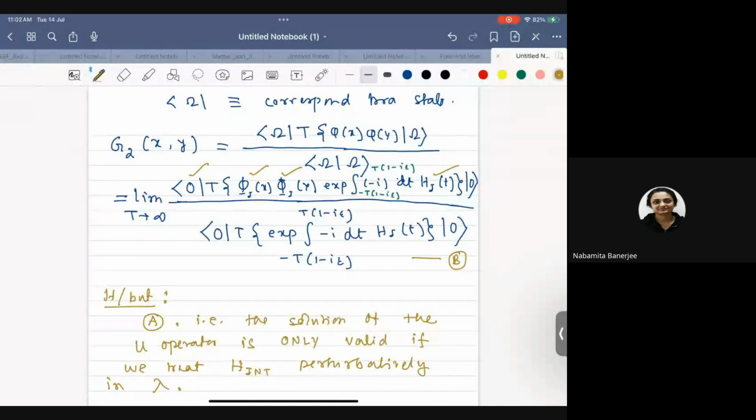But not true for everything. There are some interactions that cannot be treated perturbatively. For example, black holes. In gravity, when gravitons really couple with each other and form a black hole, that is not an interaction that you can take to the zero limit. Only when it is very strongly interacting is a black hole formed.